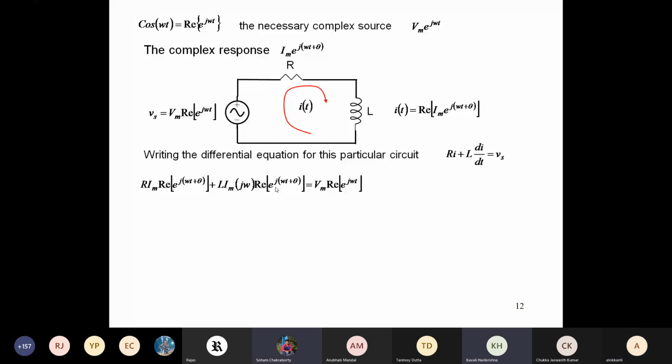Now since this is real on both the left-hand side and the right-hand side, we just remove the real part. So we basically get this type of equation: (R + jωL) Im e^(j(ωt + θ)) equals Vm e^(jωt).